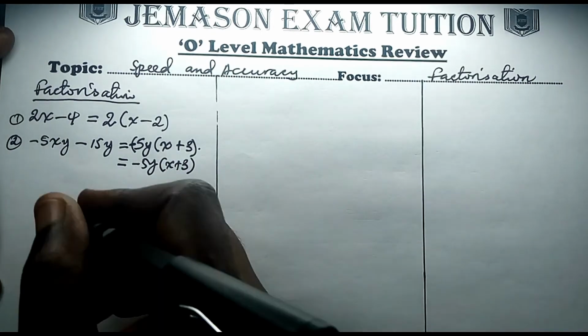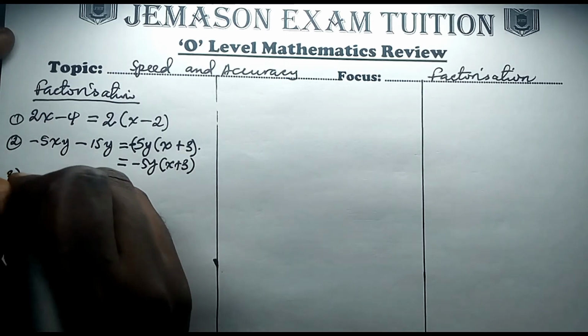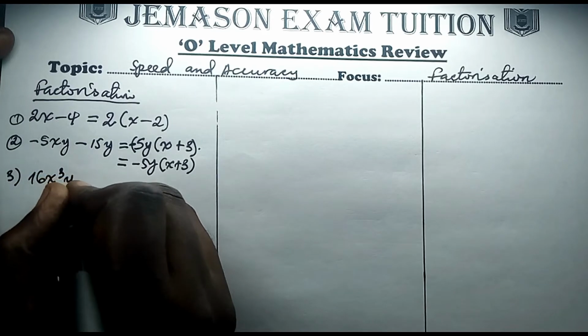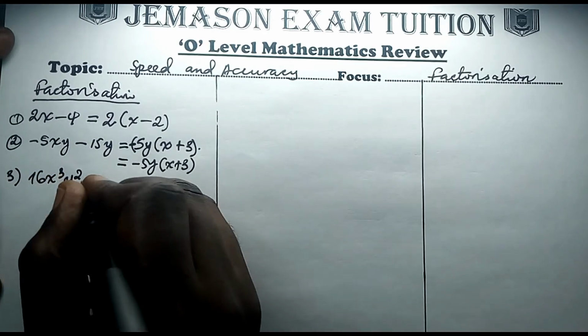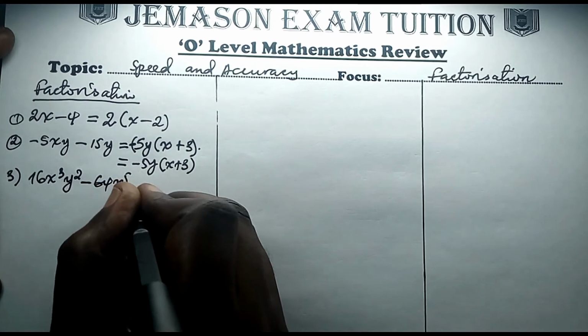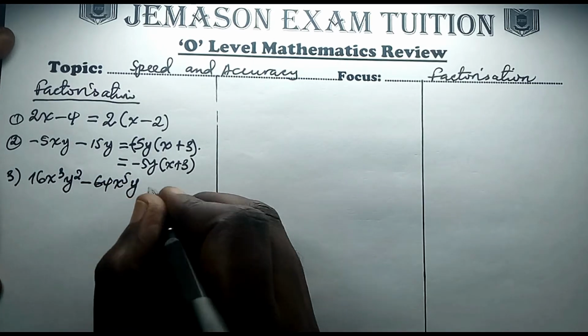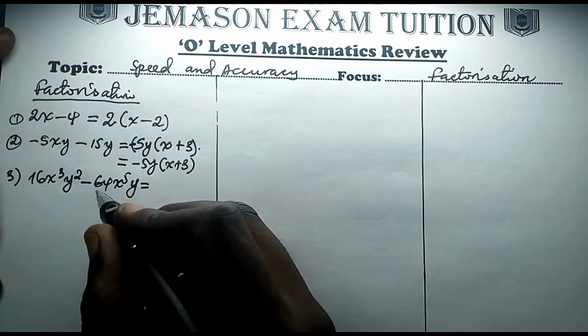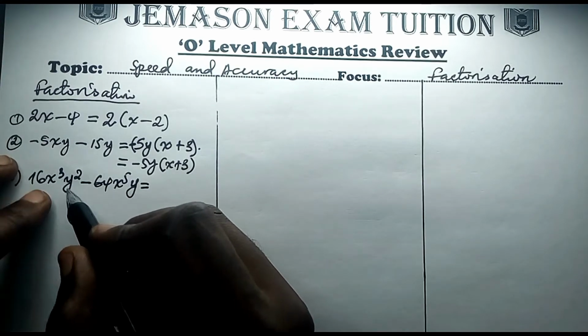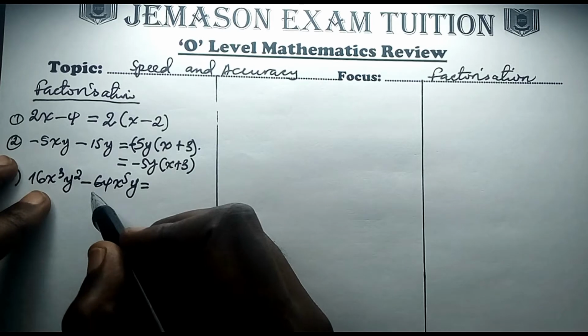There are situations where you have 16x cubed y squared minus 64 x to the 5th y. In this case, we look at all the variables and the coefficients to see the common factor.